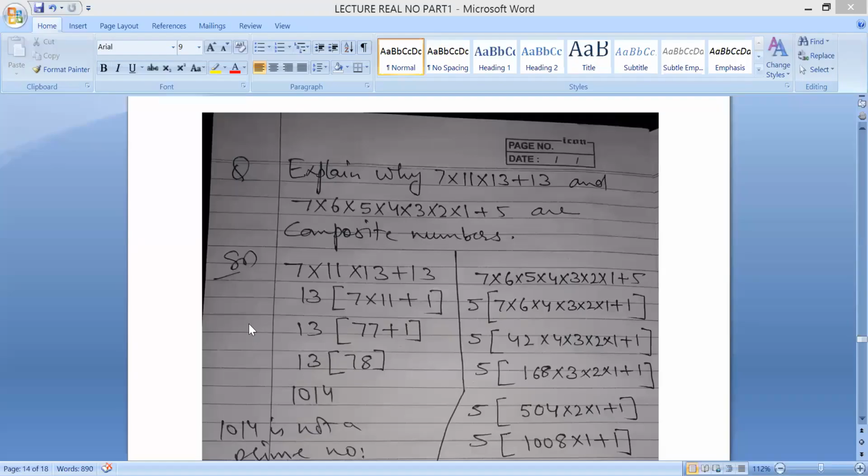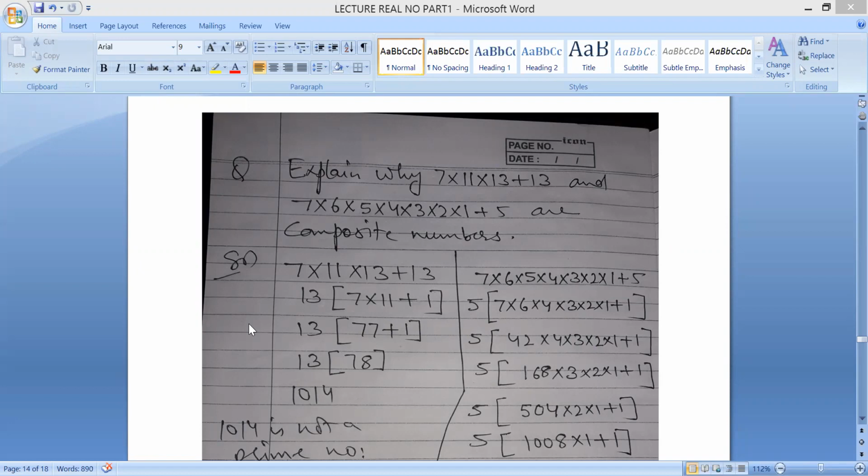So what you are doing here: in 7 into 11 into 13 plus 13, you are taking 13 common. When you take 13 common, what remains is 7 into 11 plus 1. Now 7 into 11 is 77, plus 1 is 78.